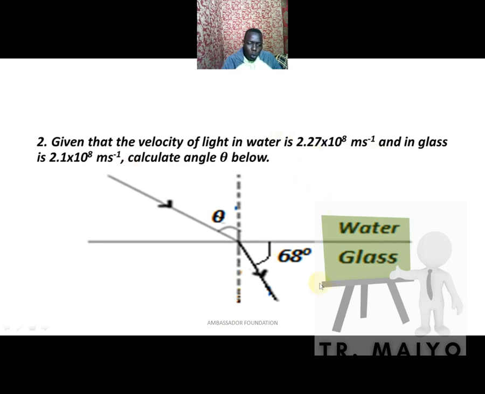Water to glass, so the velocity in water should be on top, then the velocity in glass should be the denominator. So it is 2.27 times 10 power 8 over 2.1 times 10 power 8. You will get the refractive index of light traveling from water to glass. The same refractive index is gotten by sine theta over sine of the angle of refraction.